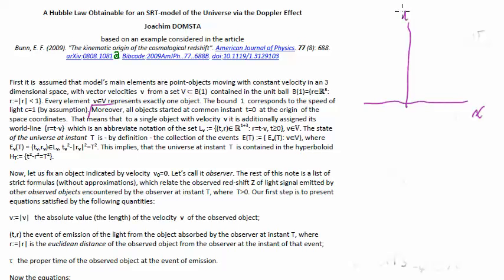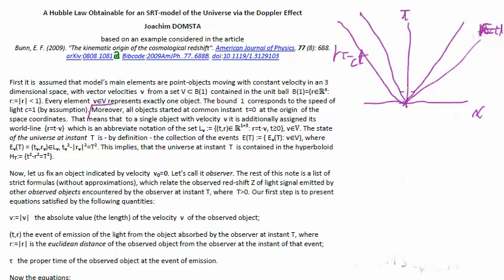X and t. All objects did start at a common origin, t equals 0, at the origin of the space coordinates. So r equals ct would be the outer bound of this, and r equals negative ct over on the other side.